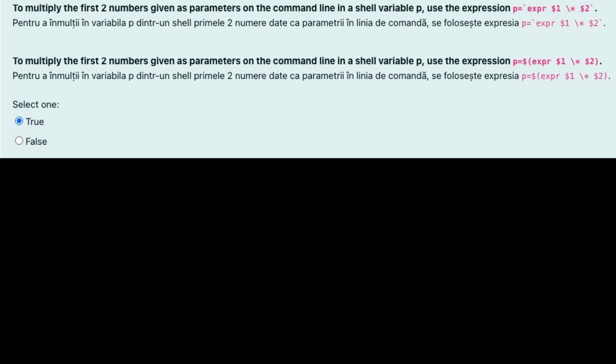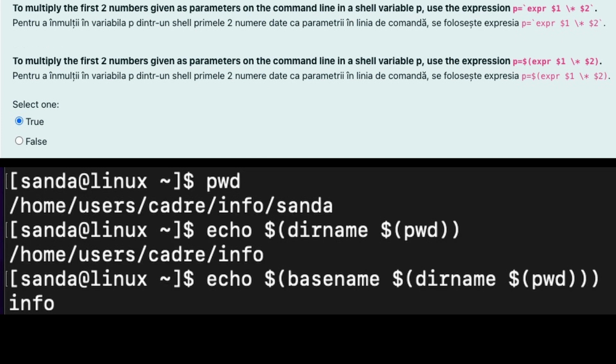The next example is about the way those forms nest. For instance, the pwd command, which stands for print working directory, outputs the path to the current working directory.